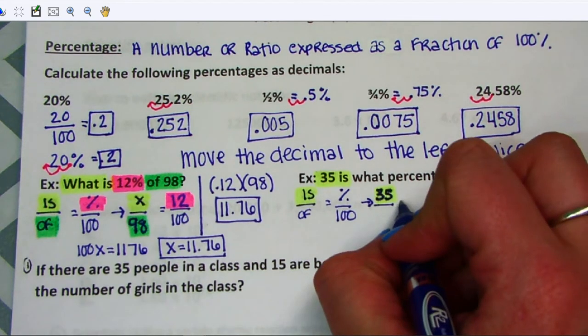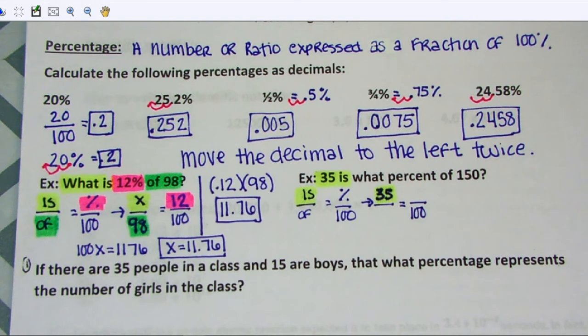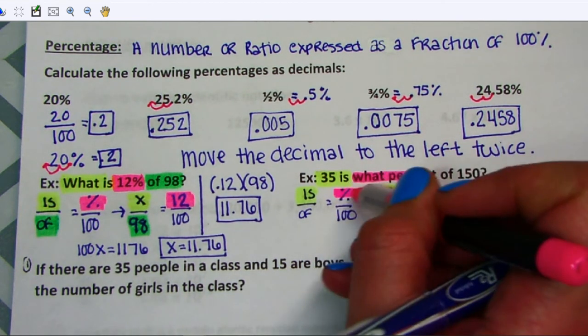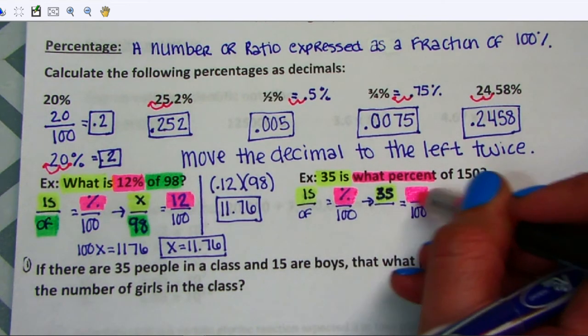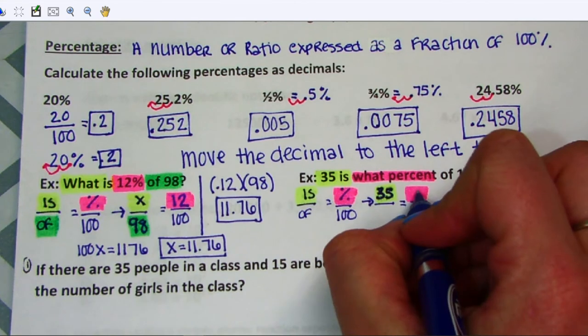Our fraction will still have 100 on the bottom. That's not going to change. Okay. And then it says what percent. So we are trying to calculate the percent. What percent? Which means in the percentage location, that's where our X value goes, because we don't know what percent we're finding.